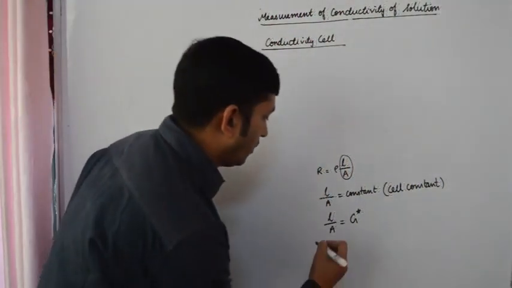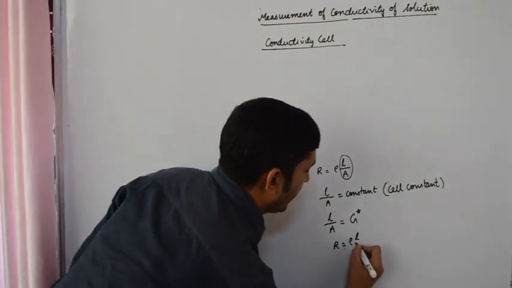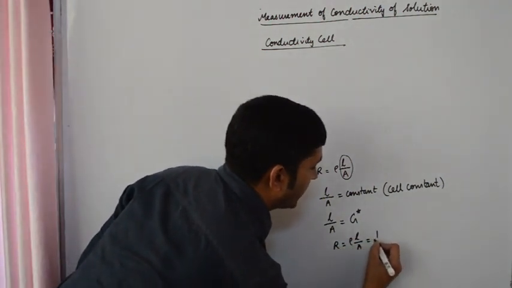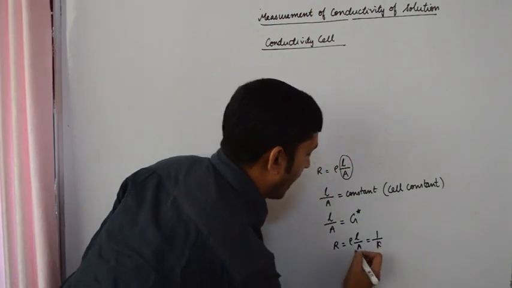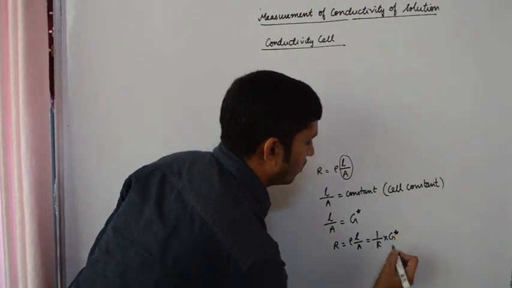Now, we all know that resistance is equal to rho L upon A, or we can write 1 upon kappa, and in place of L upon A we can write cell constant.